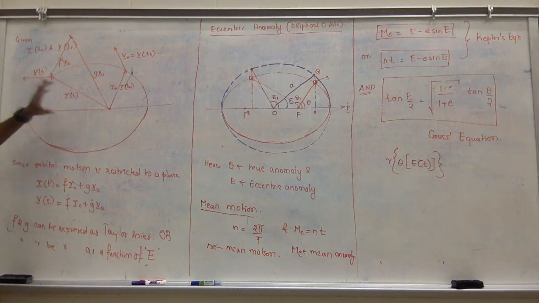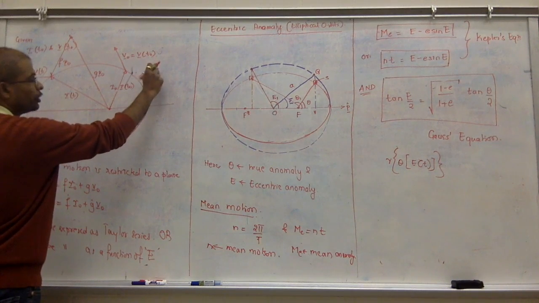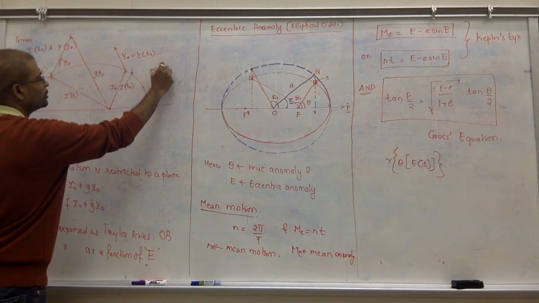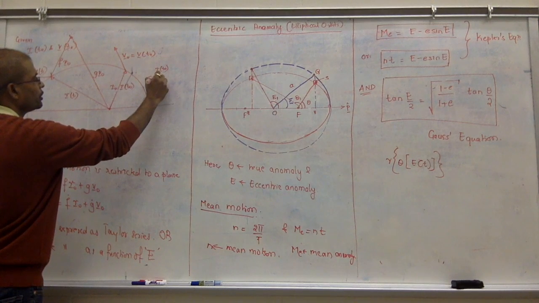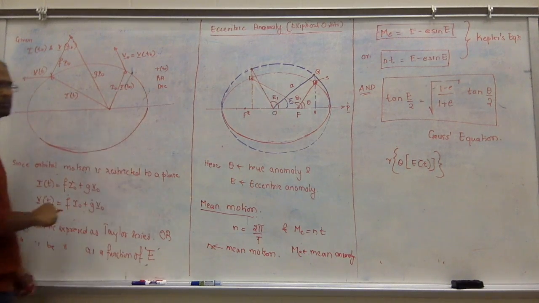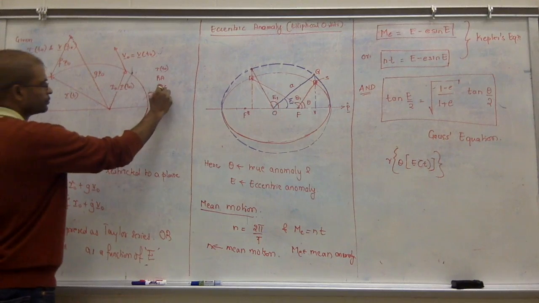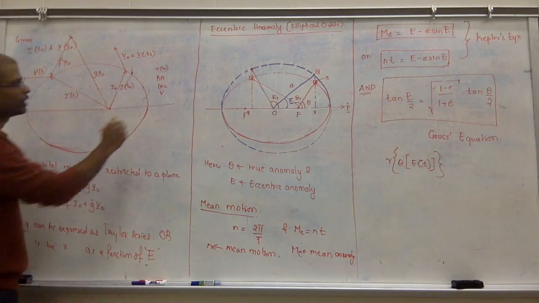For 4.2, what you are being asked is, you're given the magnitude of r naught at t naught, you're given the right ascension, you're given the declination, and you're given the velocity at t naught.